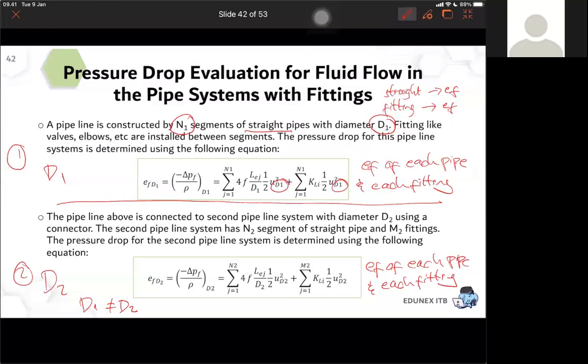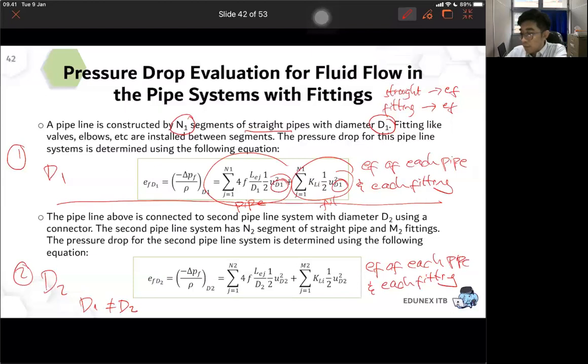You can see this one is for the pipe, and this one is for the fitting. But if the data that you have for the fitting is equivalent length, then you can use the first equation.